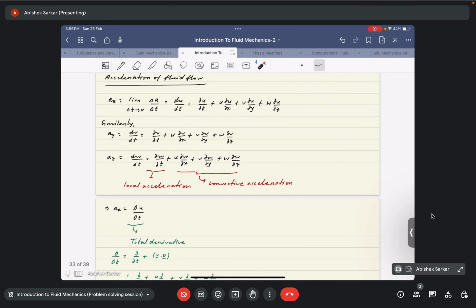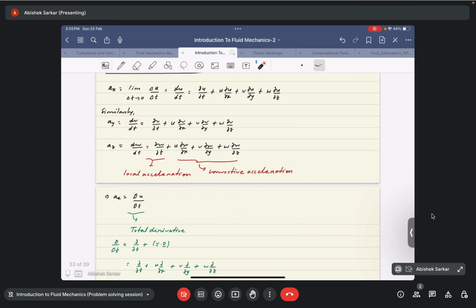I will just discuss the basic formula for the different components of acceleration in a fluid flow from the Eulerian perspective, and then try to deduce some conclusions from the expression, okay. I will discuss all three components and show you the differences so that you don't forget, okay.